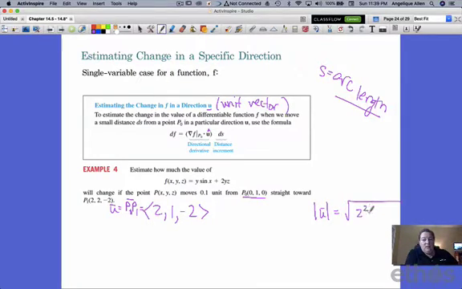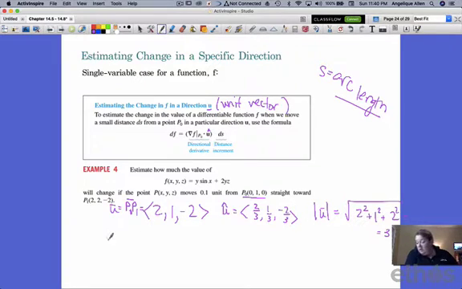So 2 squared, 1 squared, and I ignore negatives. When you square things, they go away. That's going to be the square root of 9, which is 3. Okay, so we've got to cut this down to be a unit vector by dividing everything by 3. So we have 2/3, we have 1/3, we have negative 2/3.